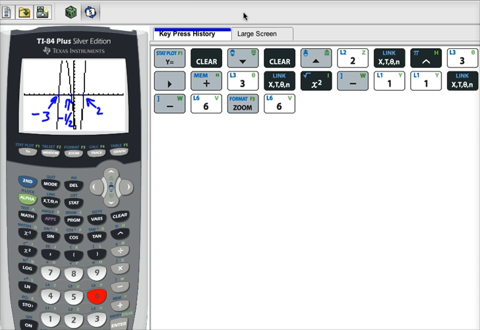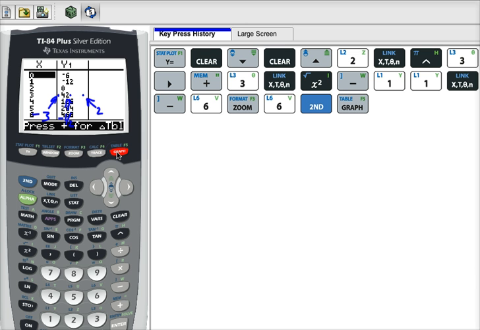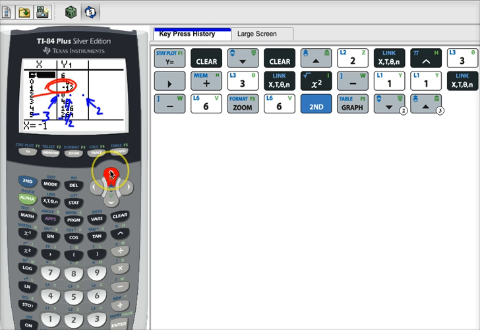Again, you could go to your table and show that -3 and 2 both work. Go second graph. And you see at 2 I get 0. That's a root. And then at -3 I should also get a 0. If that's right, and I do.